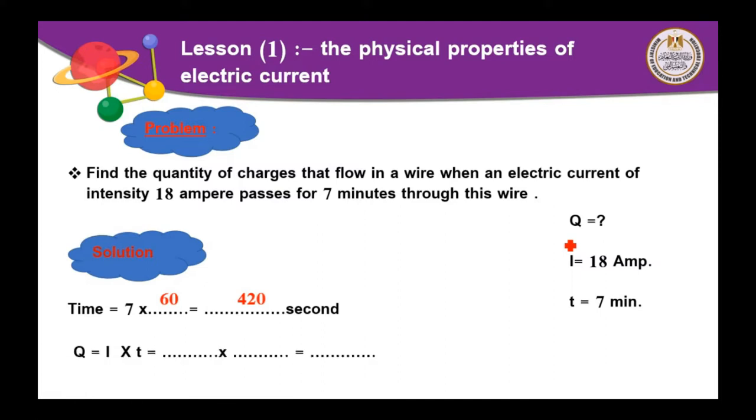Second step: the quantity of charge equals electric current intensity multiplied by time. Electric current intensity equals 18, time equals 420. The product equals 7560 coulomb. So the quantity of the charges equals 7560 coulomb.